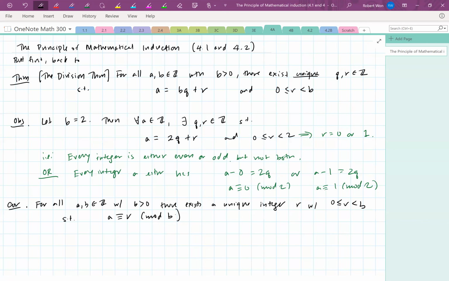Okay, so why? This is because if a equals bq plus r, then a minus r equals bq. So a is congruent to r mod b.